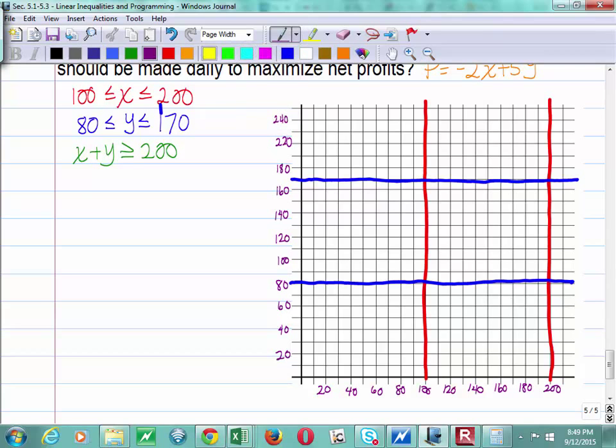And then the last one, just subtract x from both sides, so y is greater than or equal to negative x plus 200.